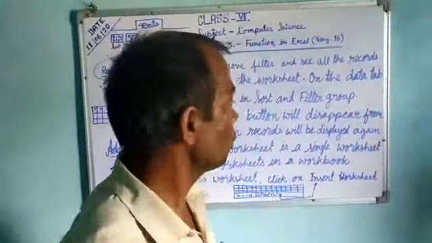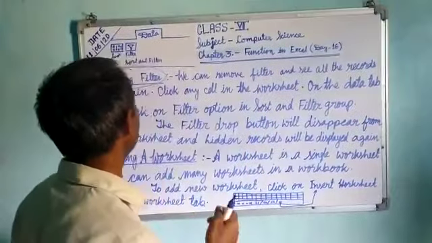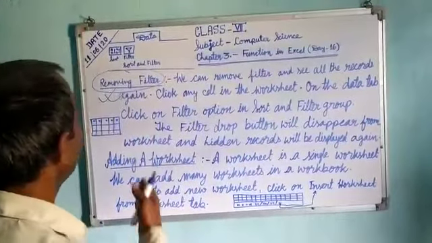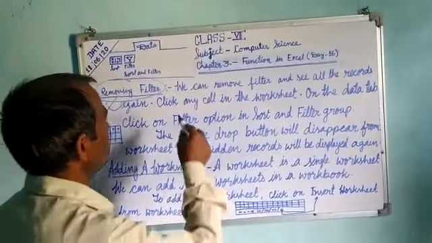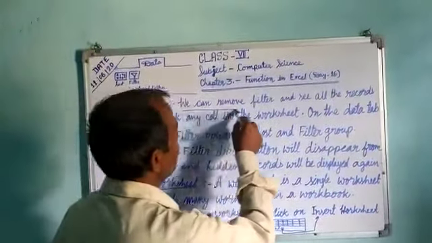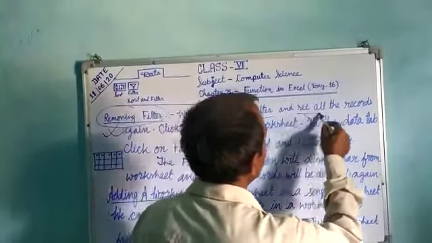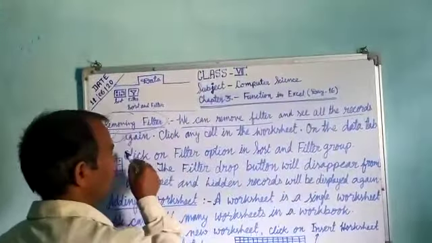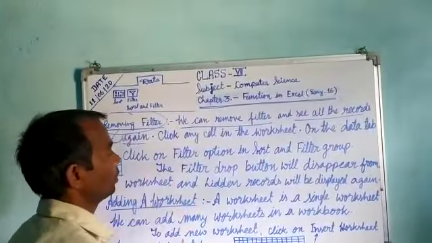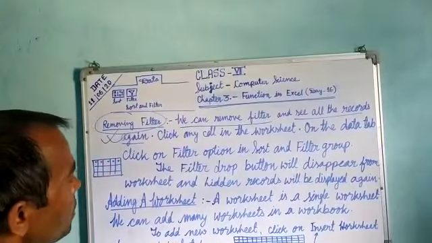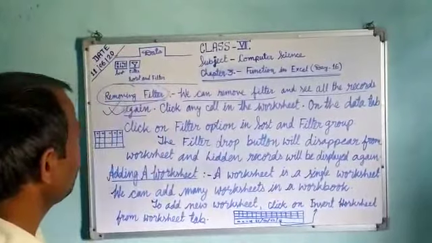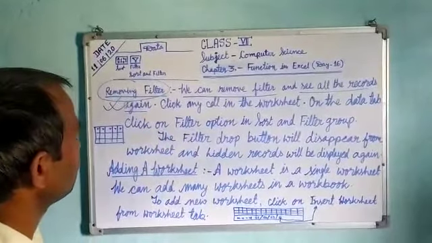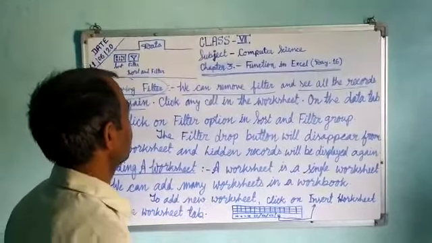That is to say, all those data we can see again whenever we remove the filters. So let's see, we can remove filters and see all the records again. Whatever records we previously had, we can see all those records after removing the filter conditions.